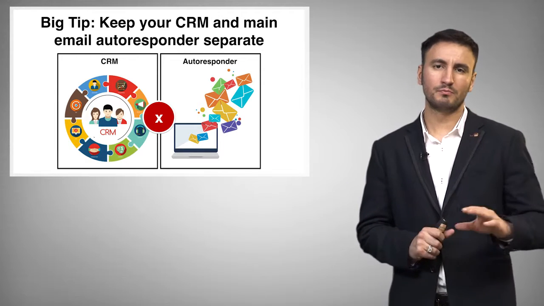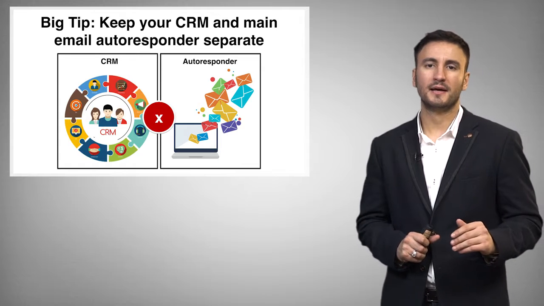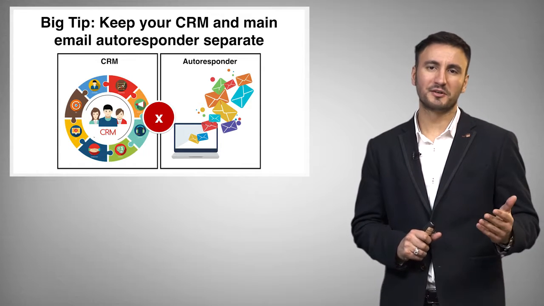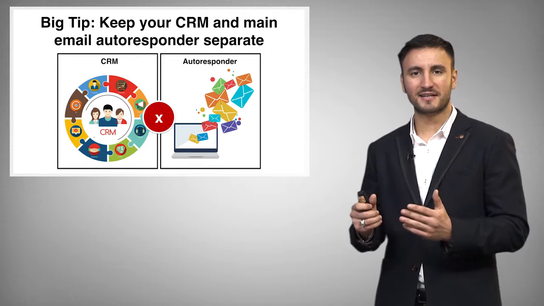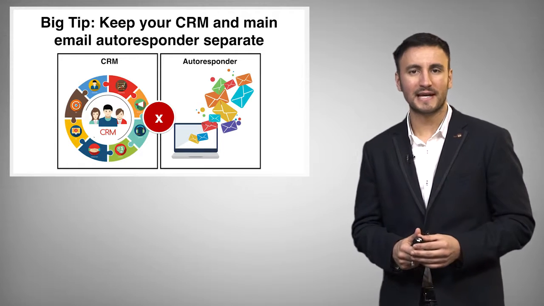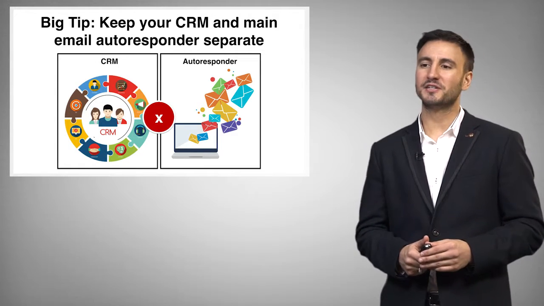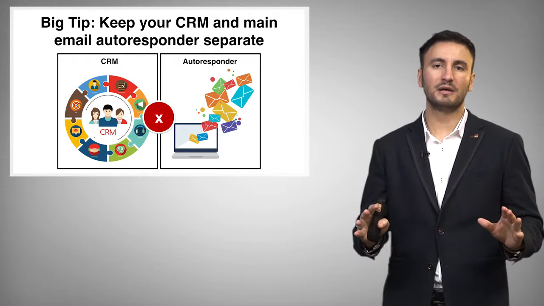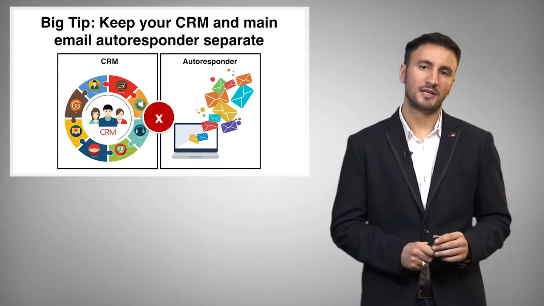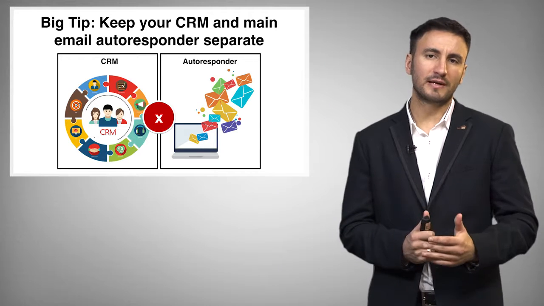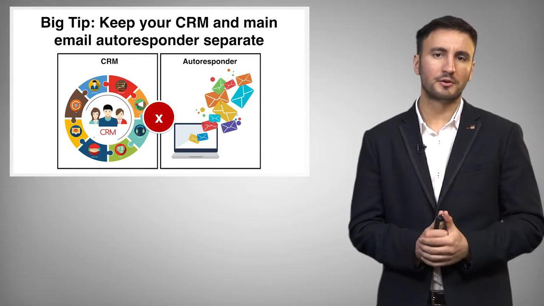There was no malicious intent whatsoever, but my spam complaint rate got too high, and the particular service I was using, which I won't name right now, decided to freeze my ability to send out emails. So for about 3 weeks, I could not send a single email to my list. Back then, email marketing was my main revenue source, and we were doing over $100,000 in revenue per month. So to lose 3 weeks of email marketing, that was an enormous cost.